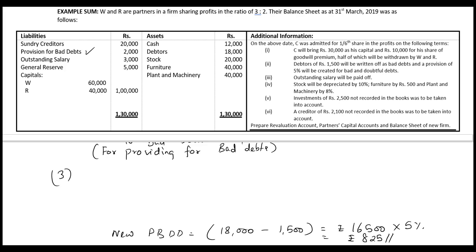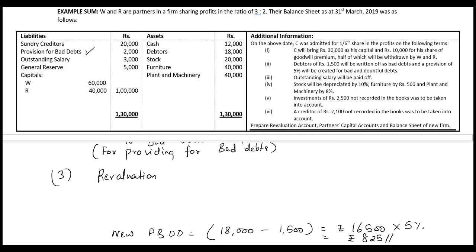Now after utilizing 1,500 for the bad debts to be written off, we are left with a provision of 500 rupees. But we require provision of 825 rupees. So there's an excess of 325 rupees which we need to debit to the revaluation account.